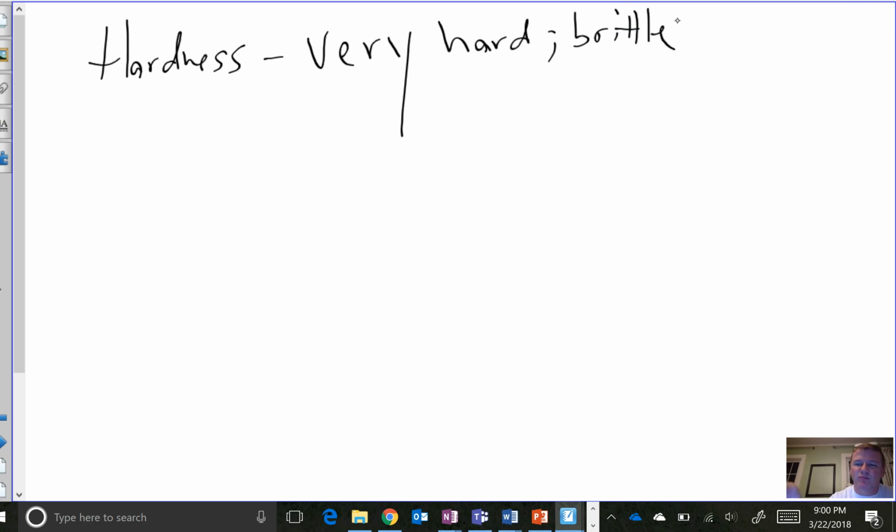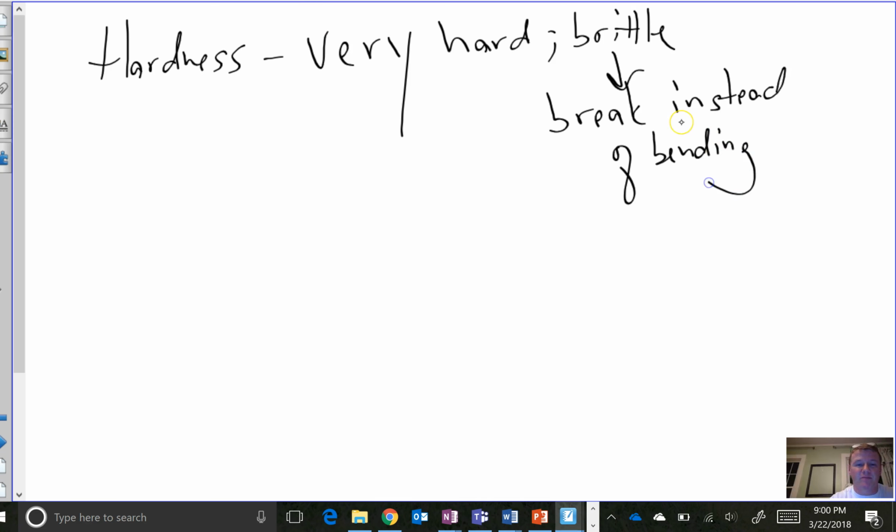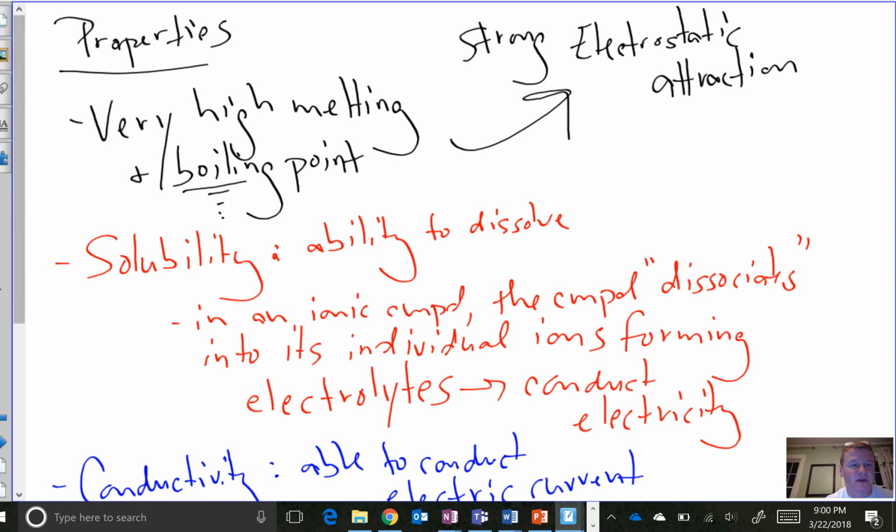And when I say brittle, I mean that they break instead of bending. Now we think about metals, and we'll talk about metals later, but metals will bend typically. That's one of their properties. They're malleable. That's not so with ionic compounds, and here's why.